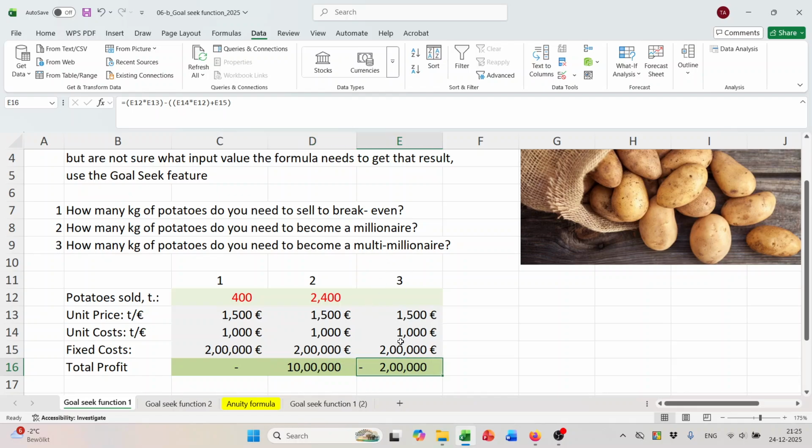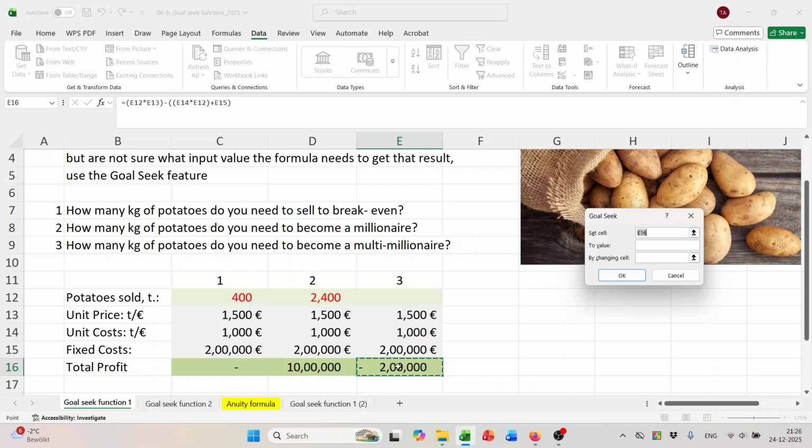And multi-millionaire, I think multi-millionaire means more than 1 million. It can be 2 million, it can be 3 million. So I want to do it for 2 million. Set cell, To value, 2 million, and I want to change this cell.